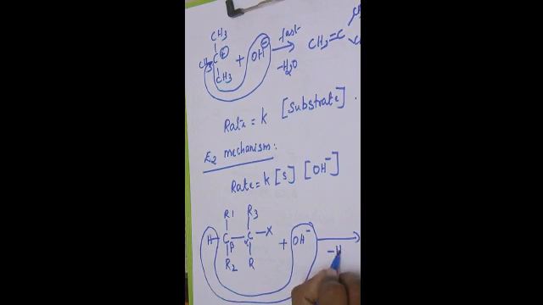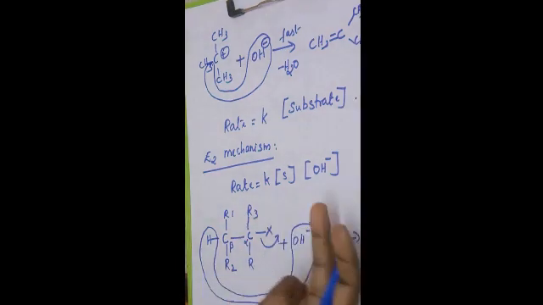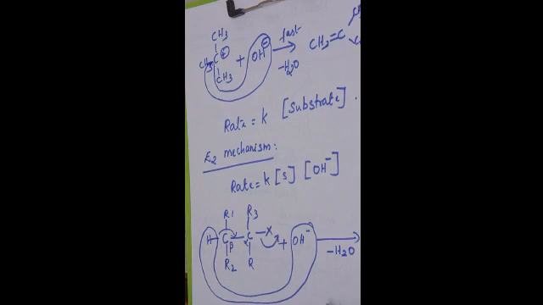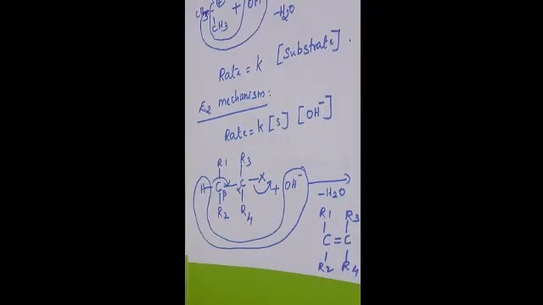Water is removed, the halide group is removed, and a double bond is formed. The product is C=C with R3, R4, R1, R2. The abstraction of the beta proton, formation of the double bond and elimination of the halide ion occur simultaneously.